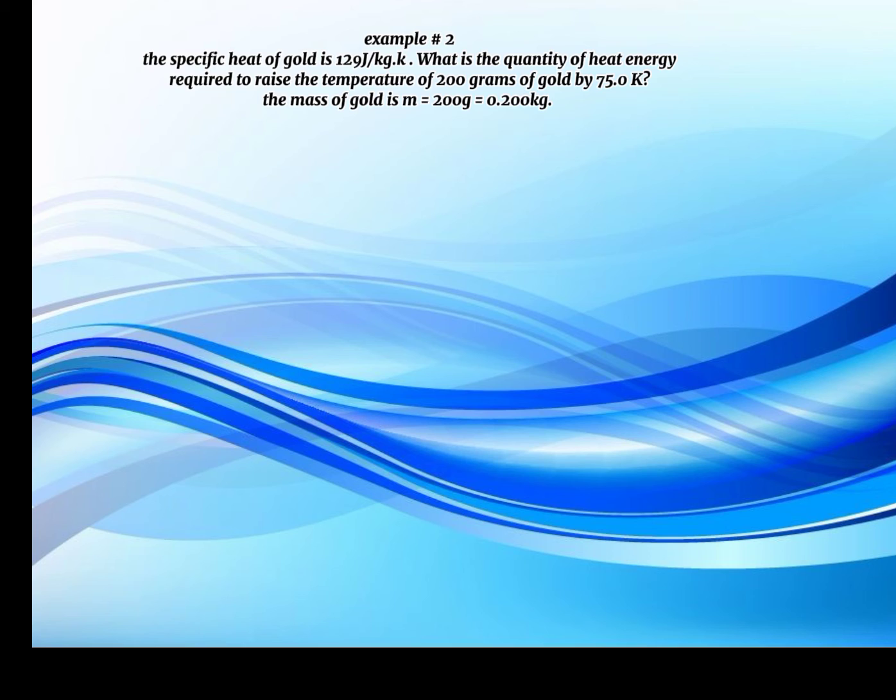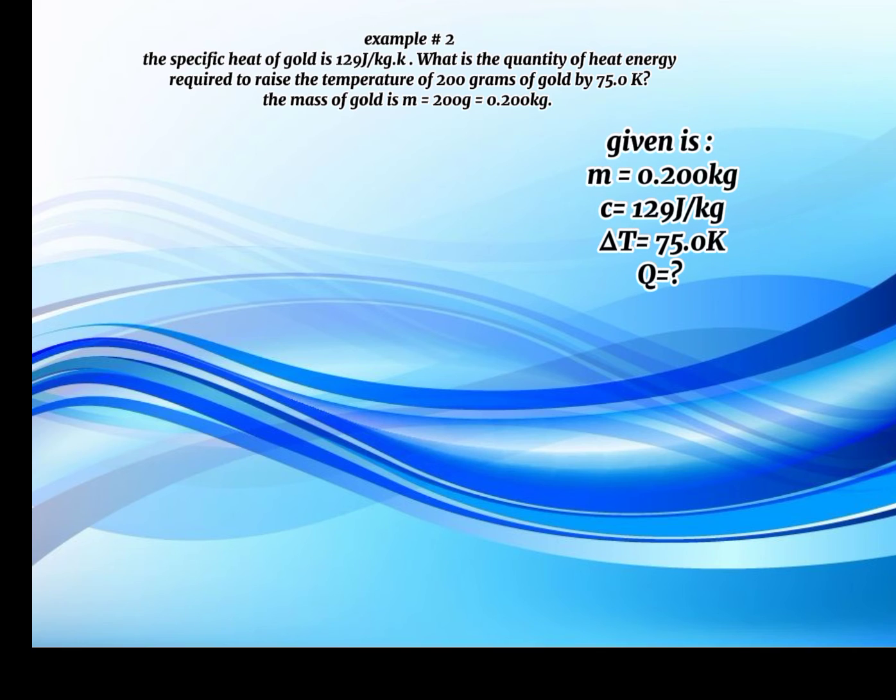Then we are going to identify the given. Mass is equal to 0.200 kilograms. Specific heat is 129 joules per kilogram Kelvin. Change in temperature is equal to 75.0 Kelvin.